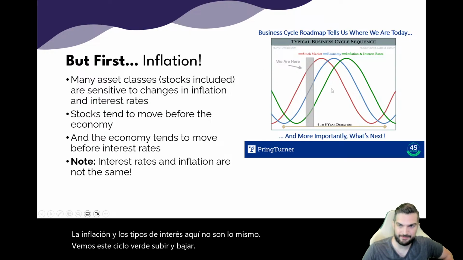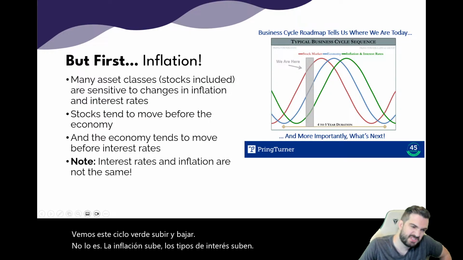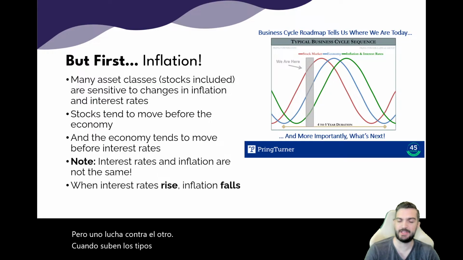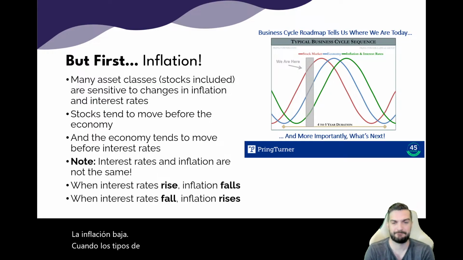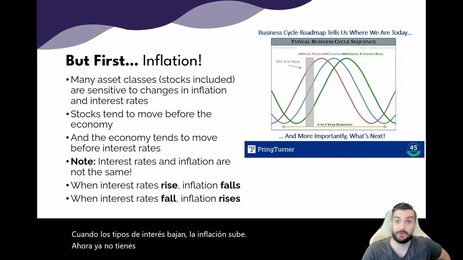It's not inflation goes up, interest rates go up. They are similar, but one fights the other. When interest rates go up, inflation goes down. When interest rates go down, inflation goes up. Now you never need to think about the inflation or interest rate cycle again.